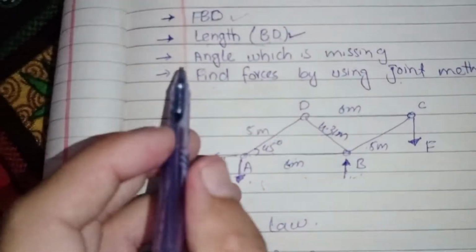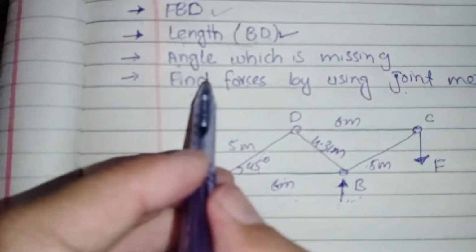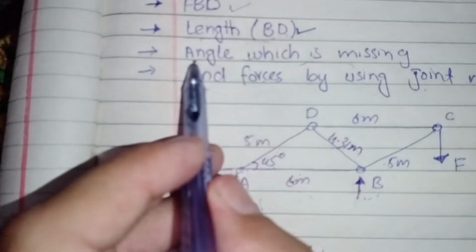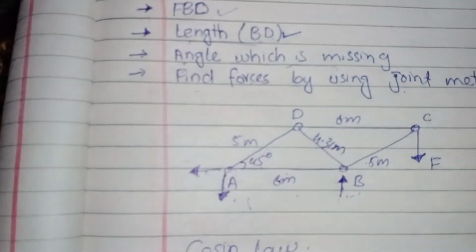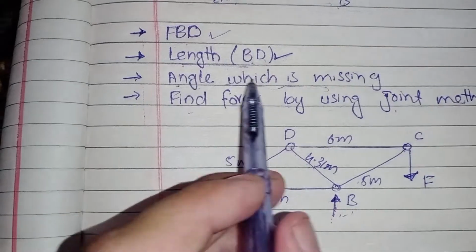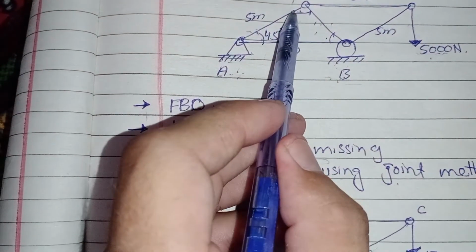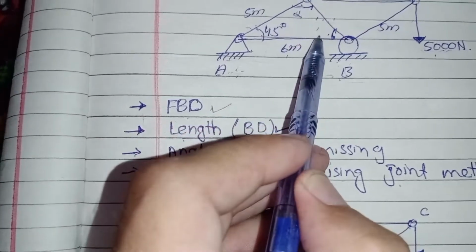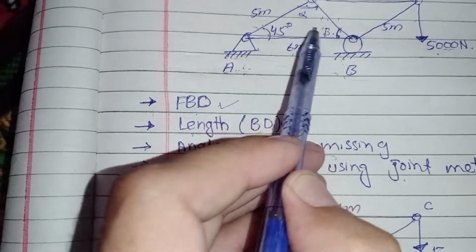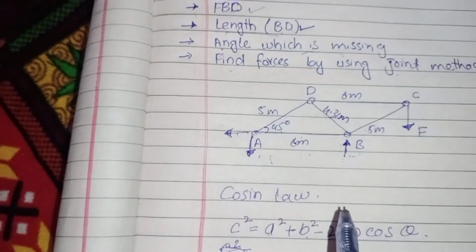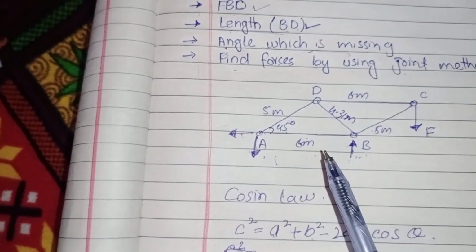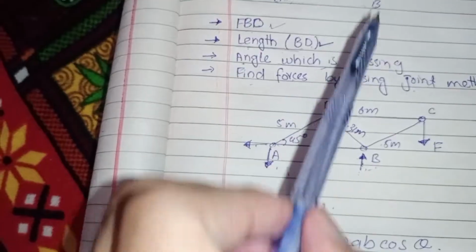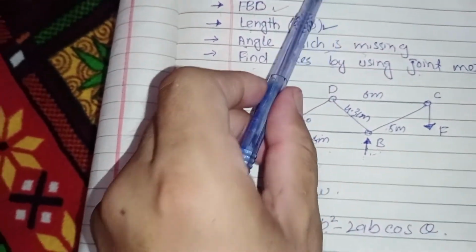The next step, which we calculate, is the missing angles, which are that angle and that angle. I name them alpha and beta, and this will be gamma. By the law of sine, I can find these two angles.